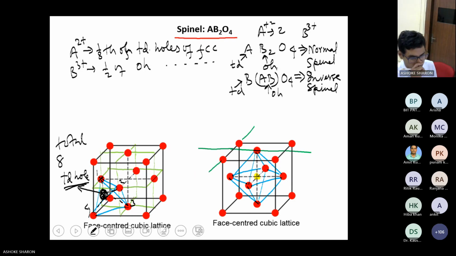So there will again be lattice points like this here. One lattice point will be here. One lattice point you will also get here.